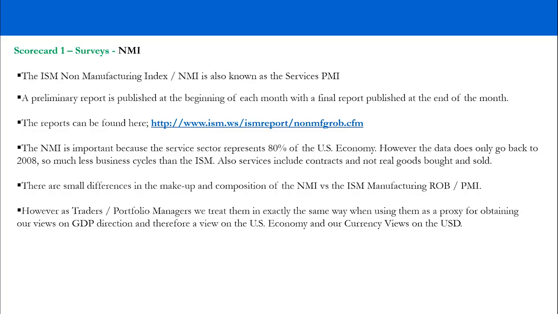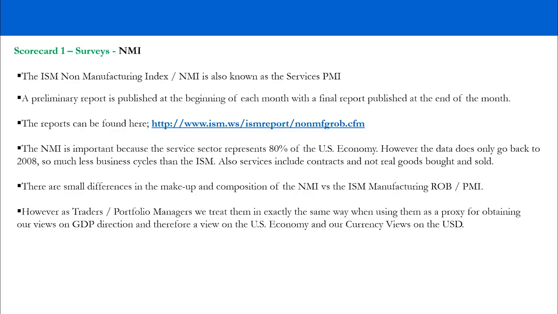And when it comes to currencies, we're looking at predicting inflationary or deflationary conditions and how central banks, governments and authorities will react to these situations. So we're looking for our view on the US economy and our currency view on the US dollar.